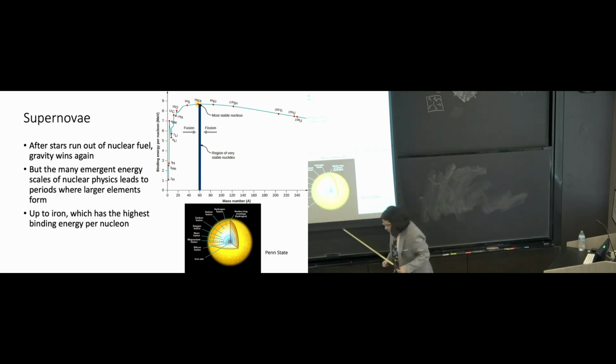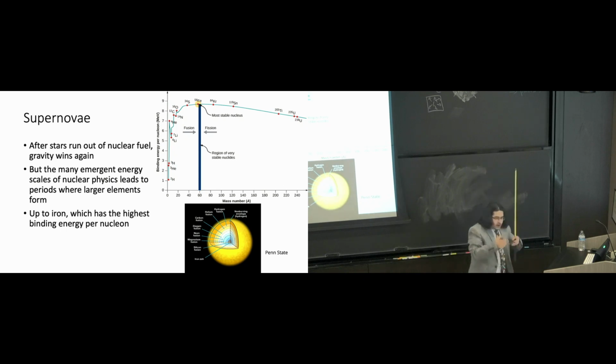When the center of the star gets incredibly heavy, incredibly hot, it turns out that iron has the most binding energy. Iron is the most stable, in some sense, nucleus. So you can only get energy from fusion by building things up and up, creating heavier and heavier nuclei up to iron.